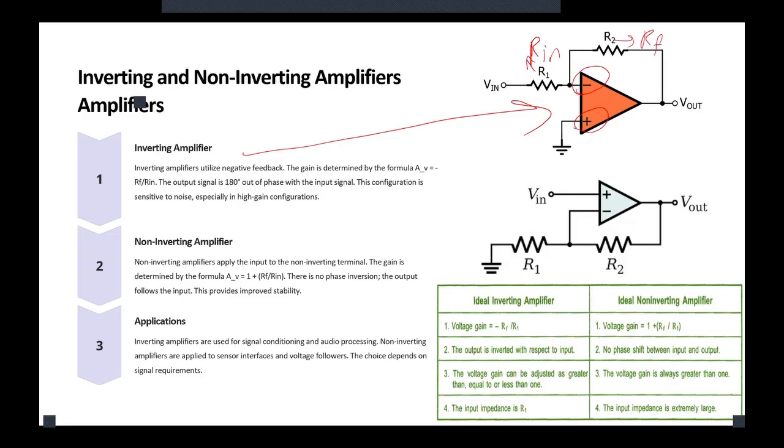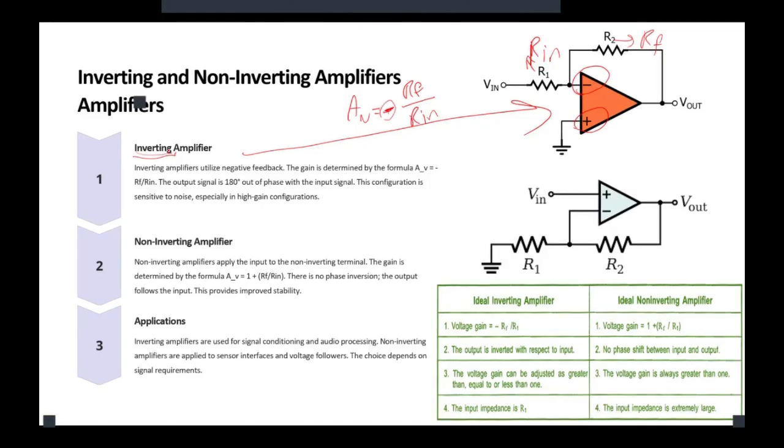The voltage gain that we can have for this inverting amplifier is going to be minus RF over Rin. Why minus?